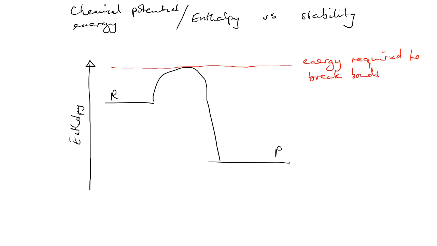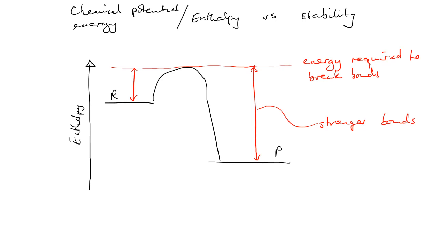So you can see that the energy required to break reactant bonds is less than the energy required to break product bonds. Right, so these are the stronger bonds, as more energy is required to break them.